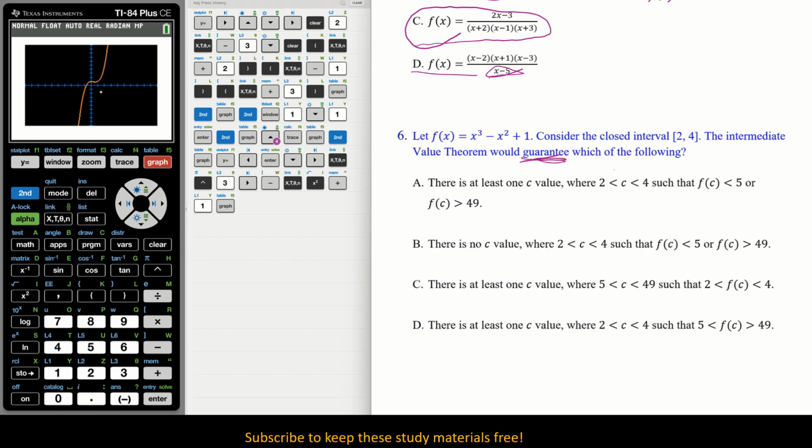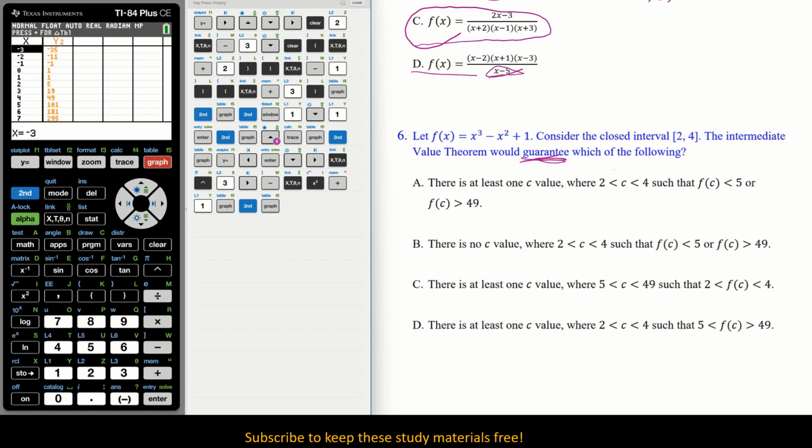So we would have a slope here and a slope here. And we could get the value of the slope, but let's also look at our table.